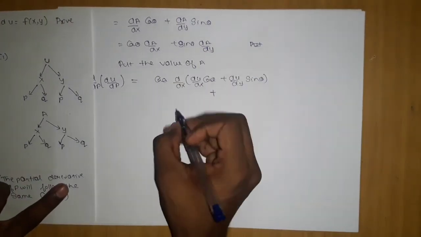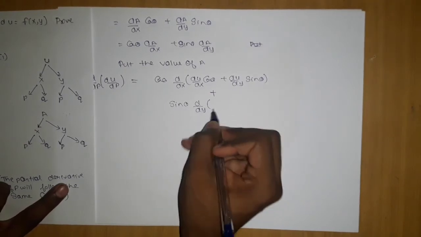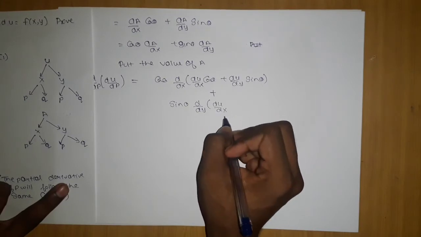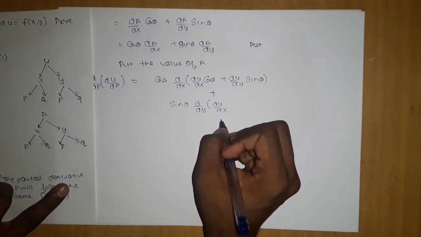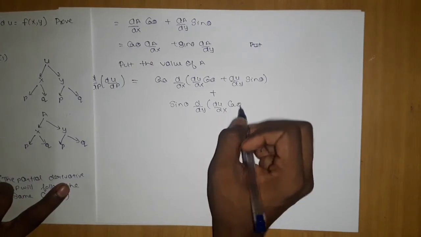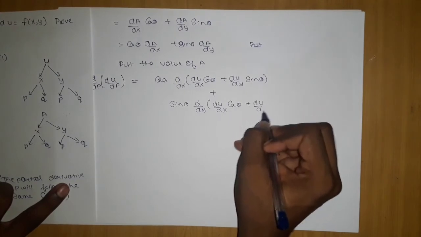Again here sin theta will be outside, here ∂/∂y of what? ∂u/∂x cos theta plus ∂u/∂y sin theta.